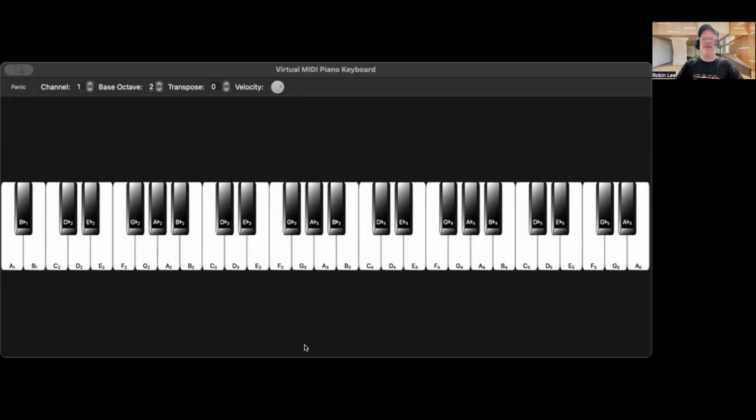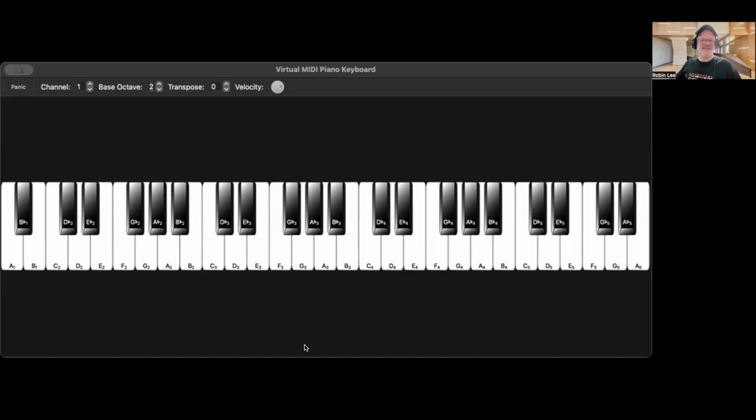Those notes I just played belong to the triad that is A minor. That's A, C, and E. And of course, all of the notes that belong to that scale that aren't in the triad are the active tones, and they would be G, B, D, and F.